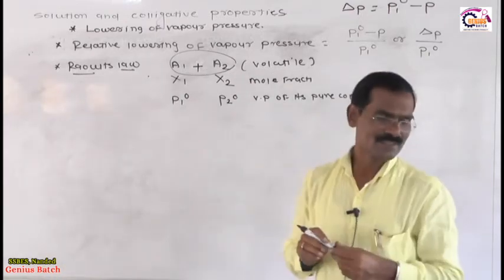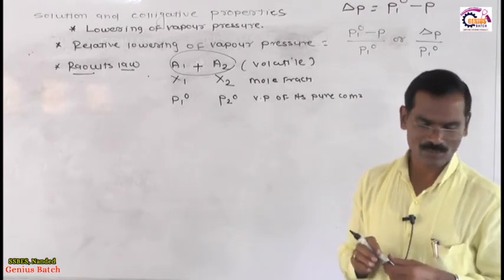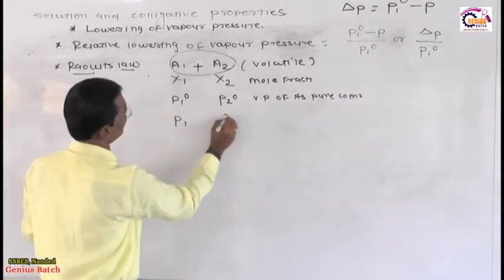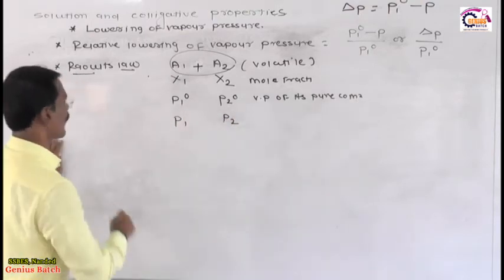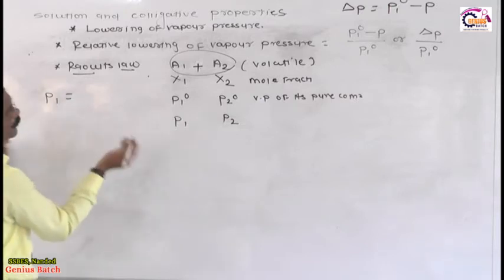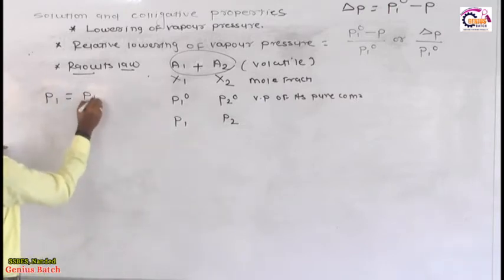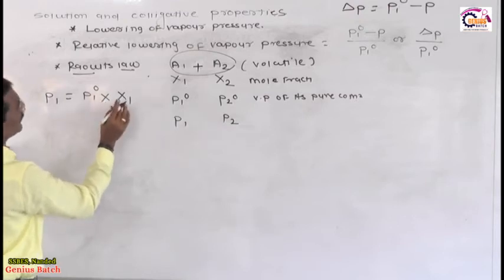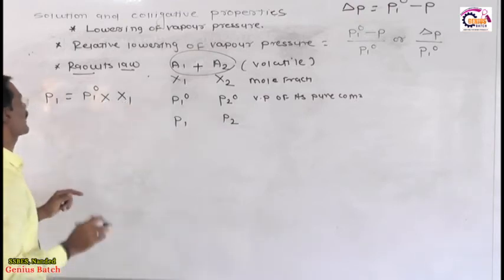So my friends, according to Raoult's law, the partial pressure is P1 and the partial pressure is P2. So what Raoult's law says is that the partial pressure P1 is the product of P10 into x1. Is it okay? P10 into x1.